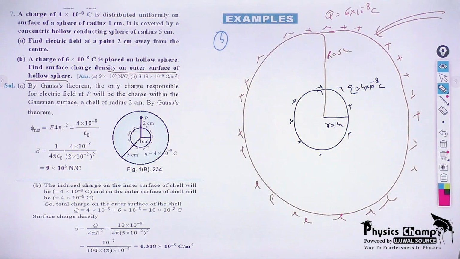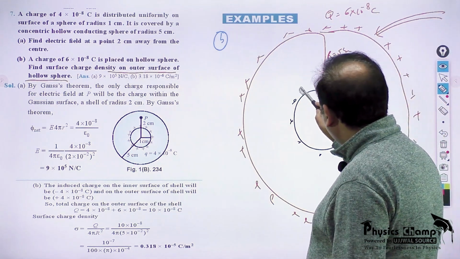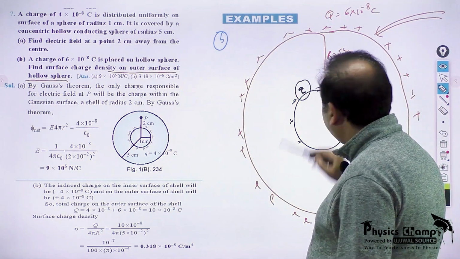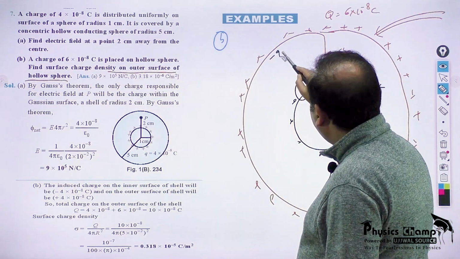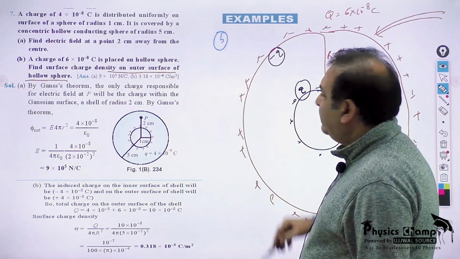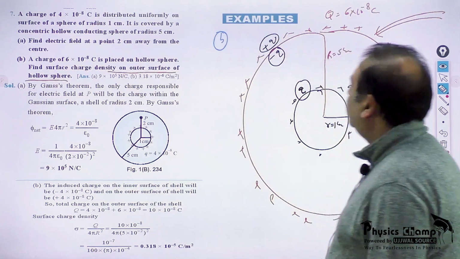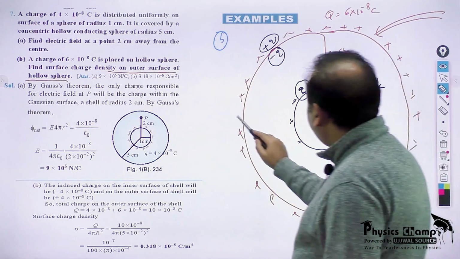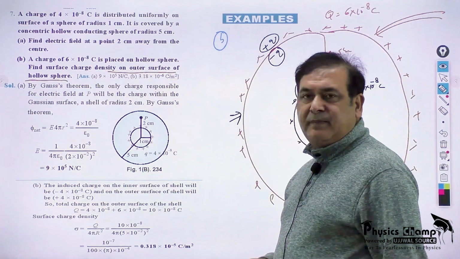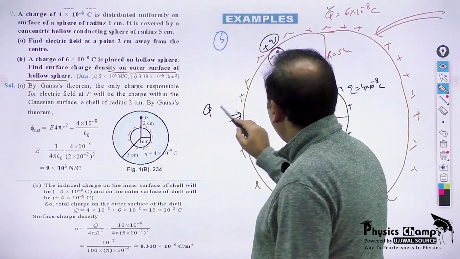So in the beginning I told you the concept of induced charge. Here, if you have a charge Q, then by induction, inside will obtain a charge minus Q, and outside will obtain a charge plus Q. So if you are looking for the outer surface, it will have a charge capital Q plus small q.